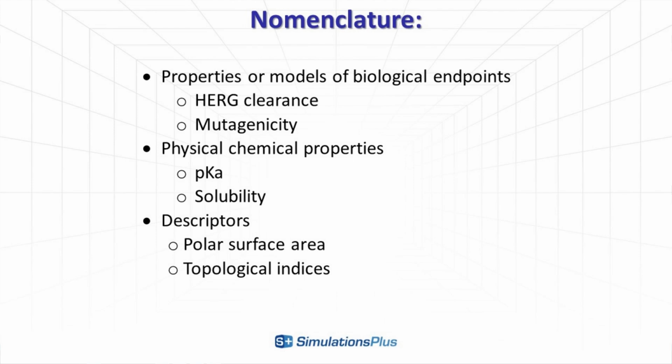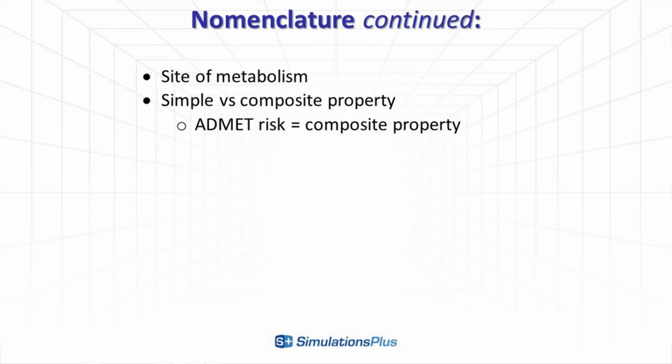Some of what I will refer to as properties may be physical-chemical properties, such as pKa or solubility. Under the same amalgam, we'll be talking about things that can normally be referred to as descriptors, like polar surface area or topological indices. There are other quote-unquote properties that we're referring to that may be site of metabolism. Those are locations on molecules where metabolism events are predicted to happen.